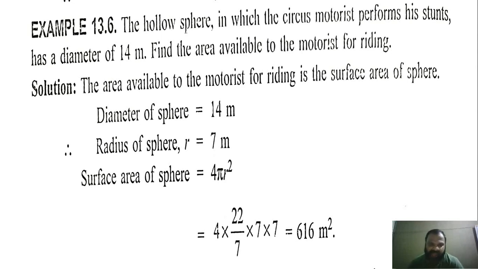Okay, diameter is 14, radius is 7, and surface area is 4 pi r square. Very simple question, there is no problem. I think you have already visited a circus, so this question will be clear. And in the circus there is a circular format and the artist riding.